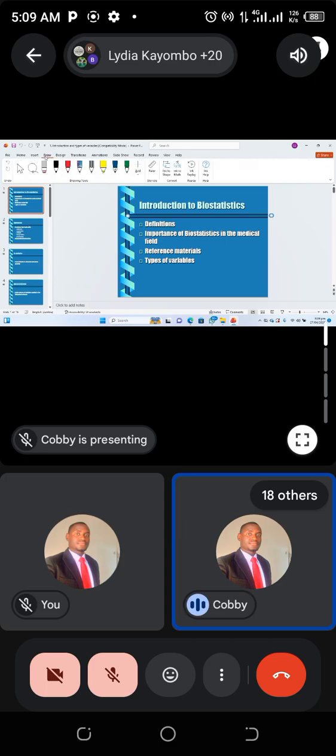to easily understand the term, we have to break it down first. We have the term biostatistics here, and when you look at this word, it can be divided into two parts. We have the bio and the statistics.